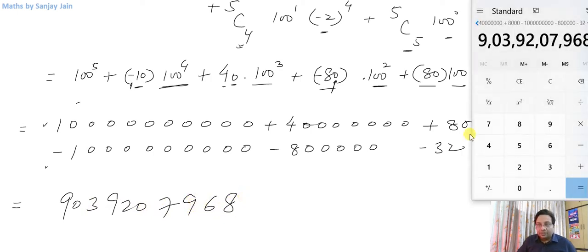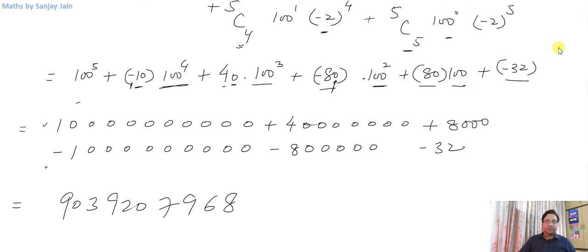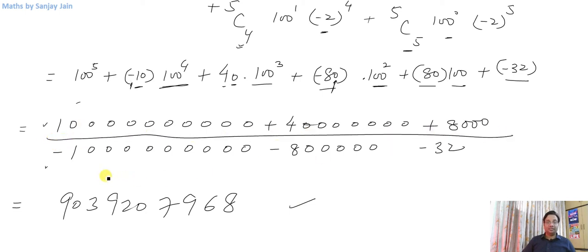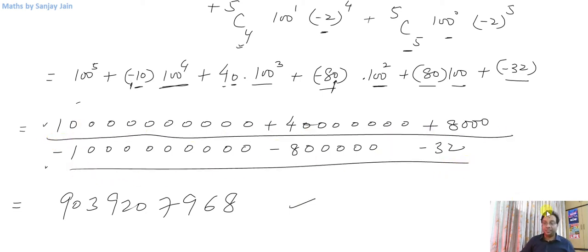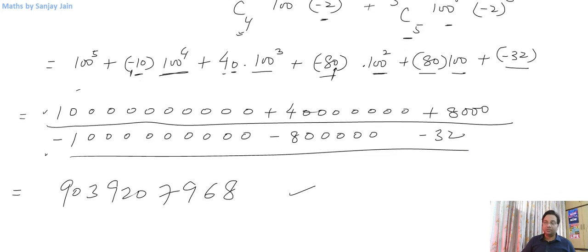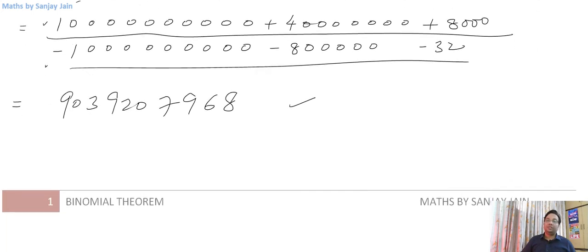Right, this was your answer. And what was the calculation? I have done this calculation here. Okay, so all right, so this was the expansion. Rather than the expansion, this is a little more tricky because you might make a mistake here while doing the calculation, so you need to take care while doing the calculation part.